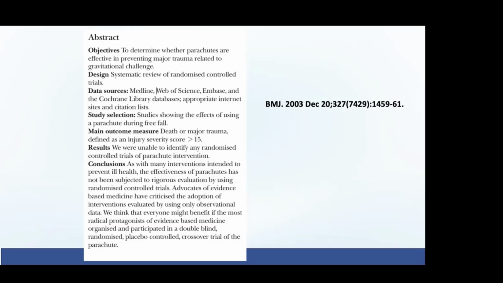They conclude, we think that everyone might benefit if the most radical protagonists of evidence-based medicine organized and participated in themselves a double-blind, randomized, placebo-controlled crossover trial of the parachute. So this was part of a sort of comic thing that they do in BMJ in December, apparently.